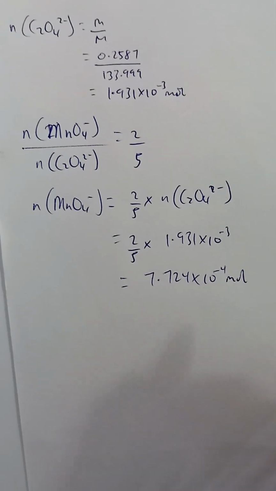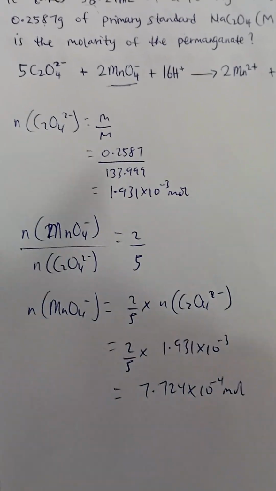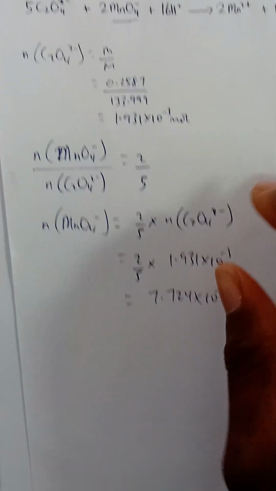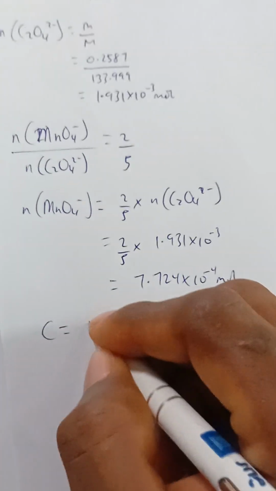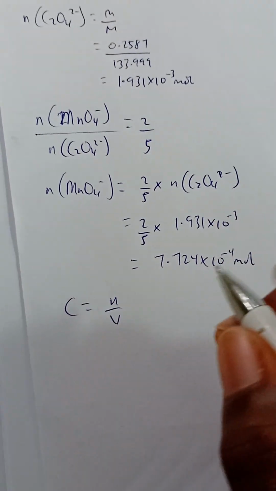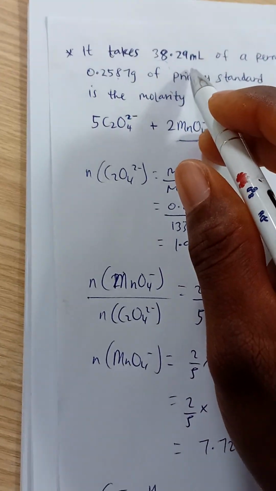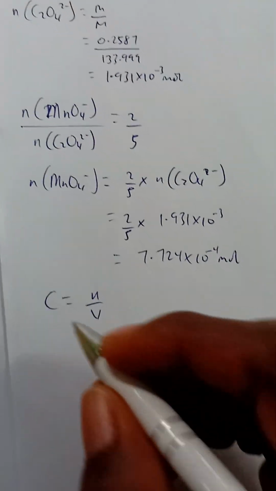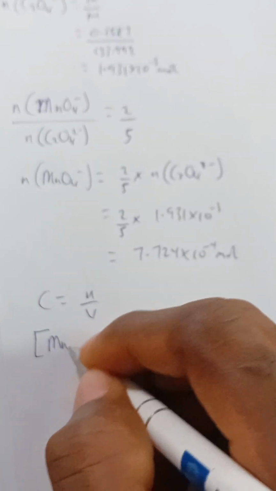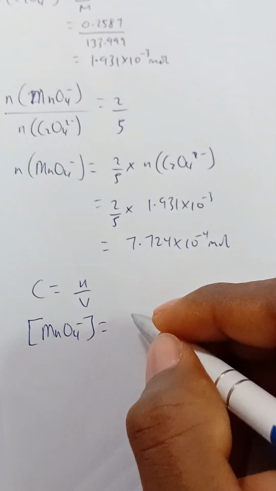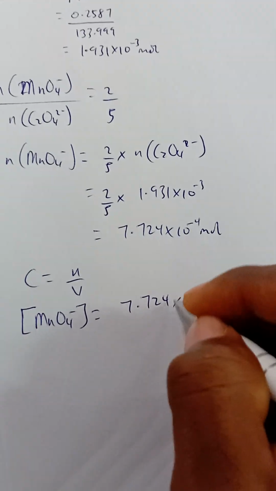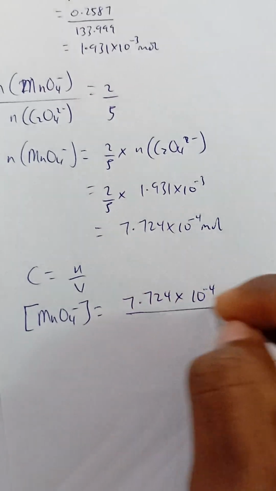Now that we know the mole of our permanganate and we are given the volume already, then we can find the concentration. Concentration is mole over volume, mole per liter, but our volume was given in milliliters, so we have to convert it to what? Liters. So concentration of the permanganate should be equal to the mole we found using our mole ratio divided by the volume.